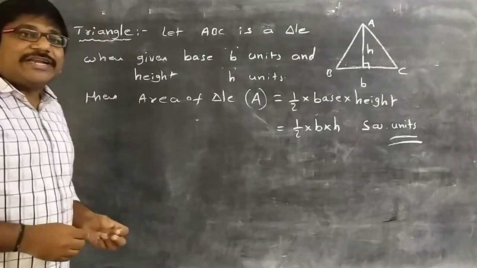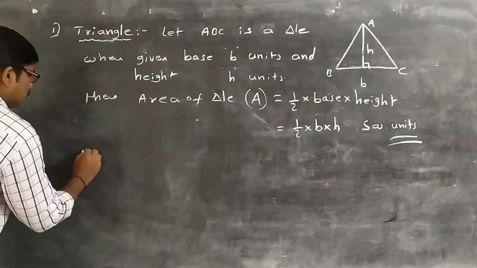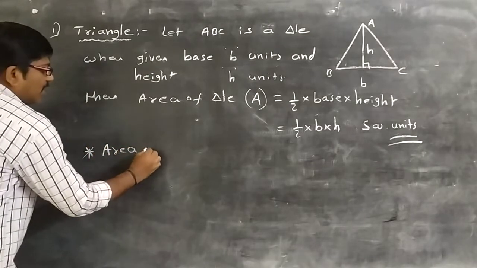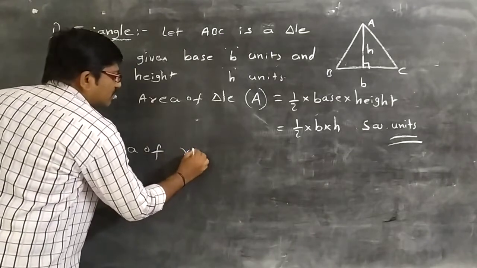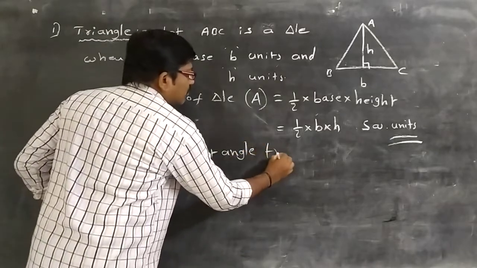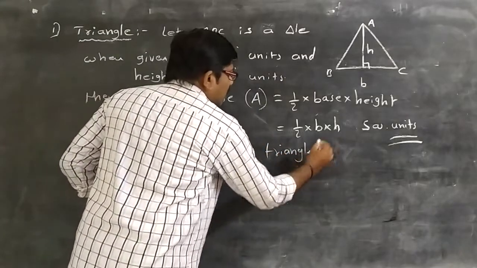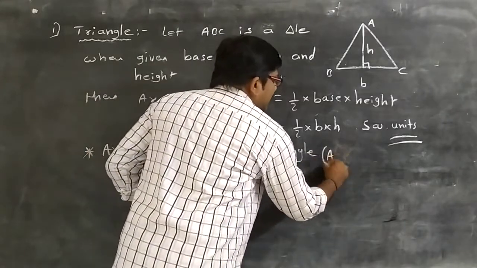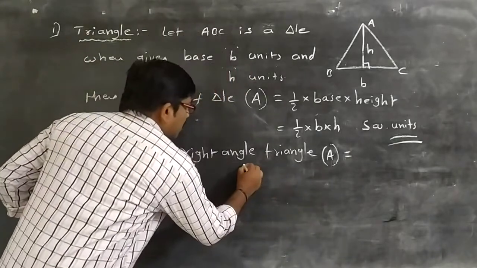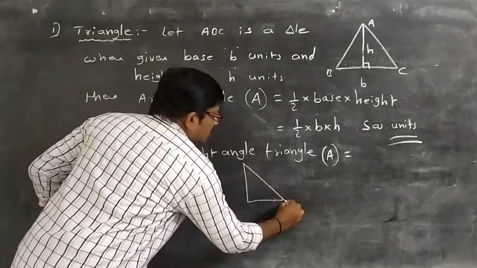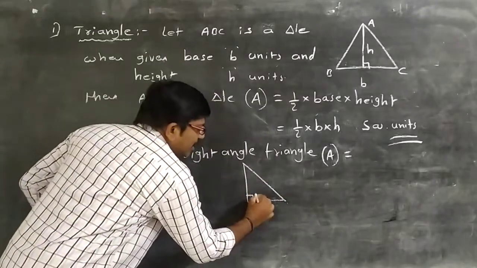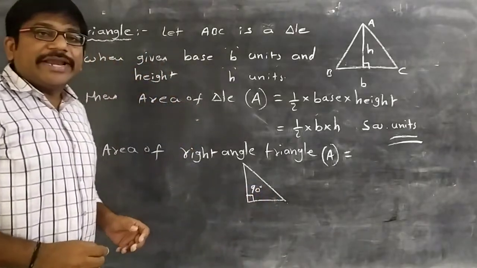the area of a right angle triangle. First draw the right angle triangle. What is the definition of a right angle triangle? In a triangle, if one angle is 90 degrees, then it is called a right angle triangle.